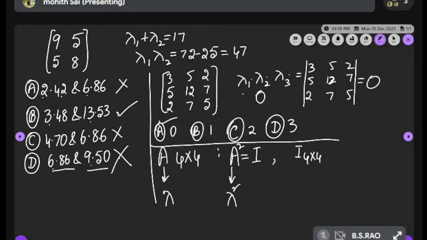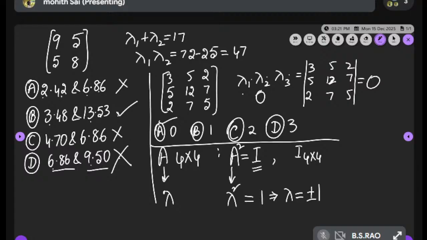Eigenvalues of I are 1, 1 only. So lambda square equals 1. This implies lambda equals plus or minus 1. So what is the positive eigenvalue? 1.